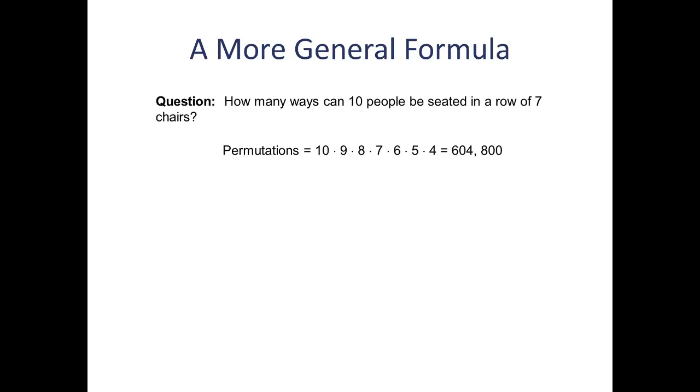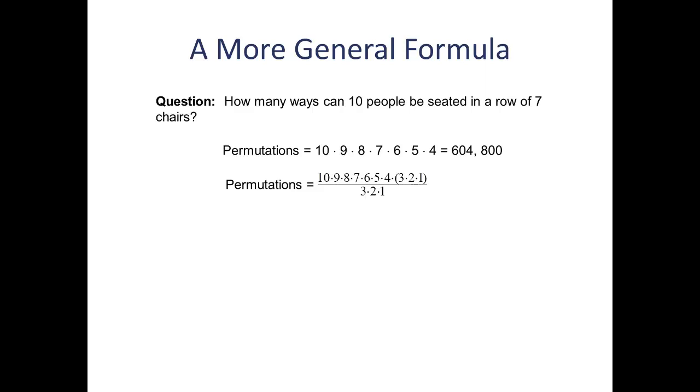Of course, we can't just start arbitrarily multiplying by some random number, but if I multiply and divide by that number at the same time, that makes the expression 10 times 9 times 8 out to 1 on the top, divided by 3 times 2 times 1. You should take a minute here and convince yourself that I didn't change the number. Basically, I multiplied the top and the bottom of this fraction by 6, which is 3 times 2 times 1.